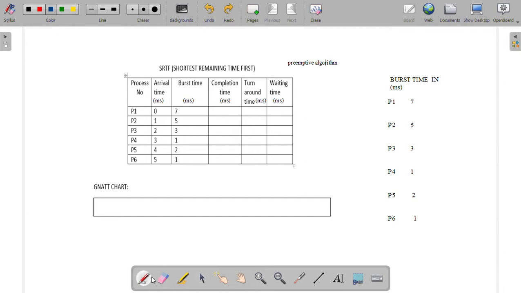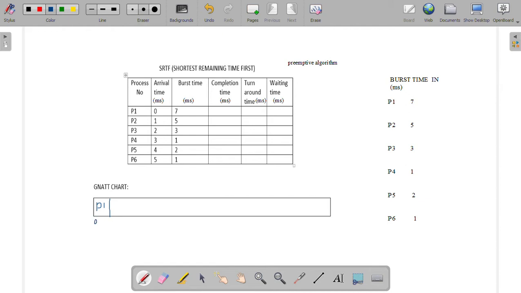You can see that P1 has the least burst time, so P1 will be scheduled first in the Gantt chart. How much time will it run?